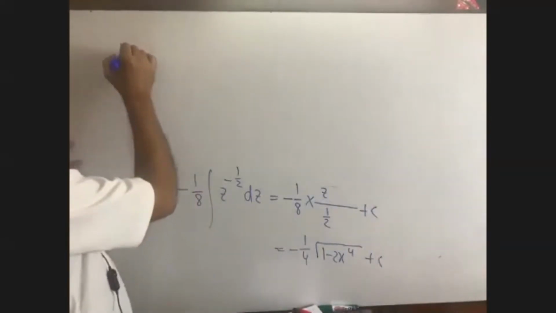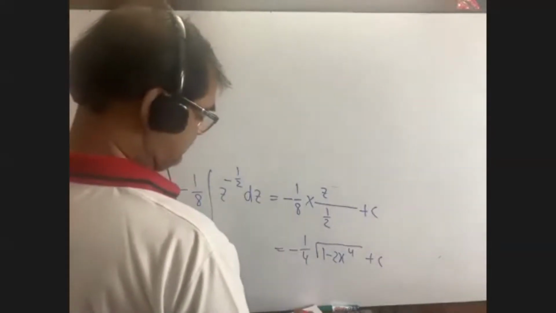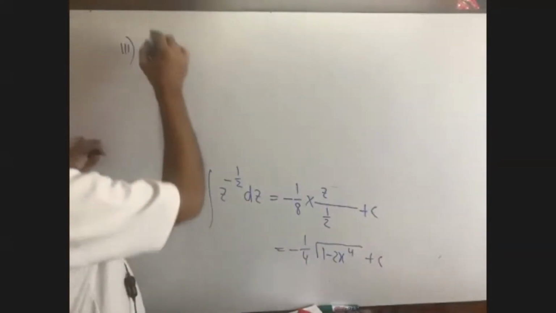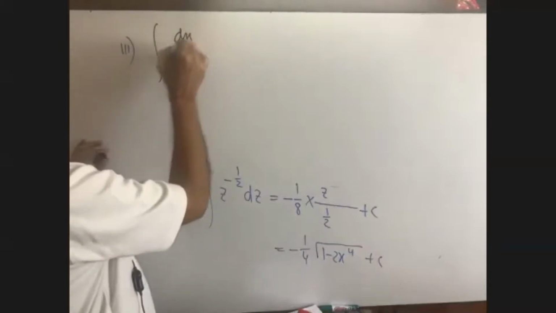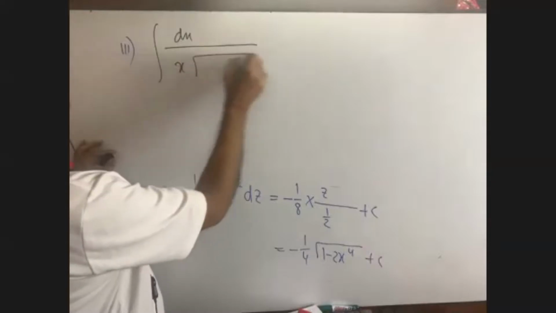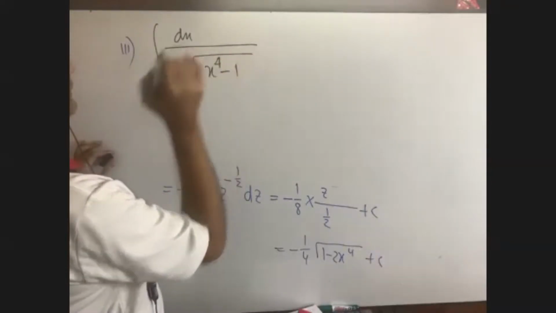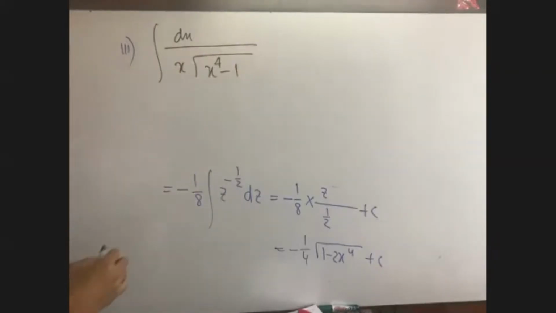Next math, number 3 of 16: dx by x root over x to the power 4 minus 1. Can you do this math? Or is there anyone here to do this math?